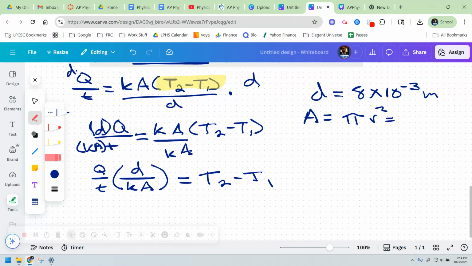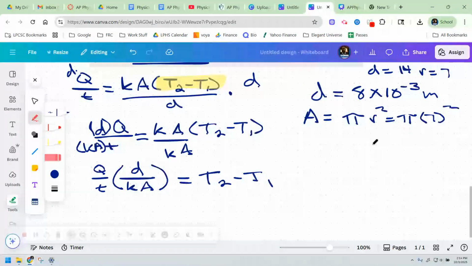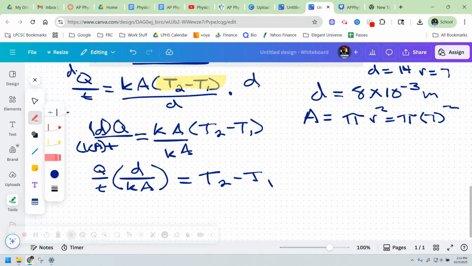They tell us the diameter. The diameter is 14. The radius is half of that, so it's 7. So I get pi r squared, and it's not 7, it's 0.07, I think.